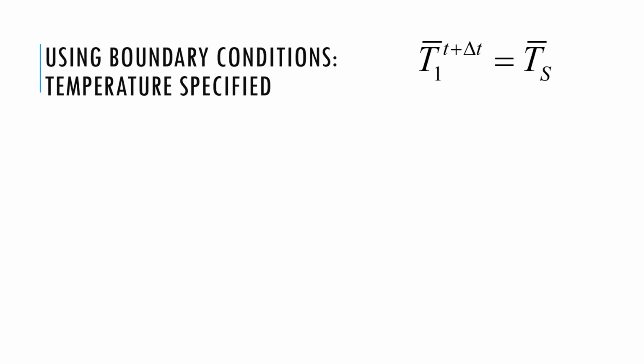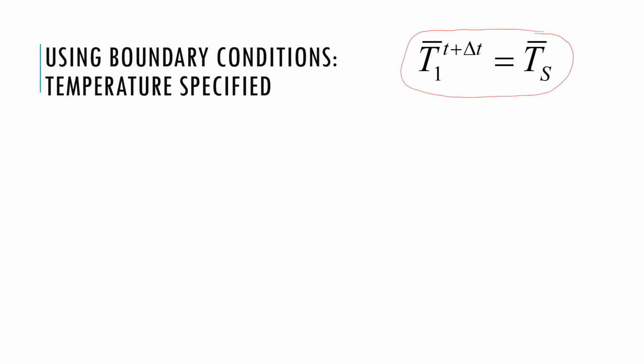We're going to go through three common types of boundary conditions. One is temperature specified, the other is heat flux, and the last one is convection, as you have seen in a heat transfer class. The first one is temperature specified.